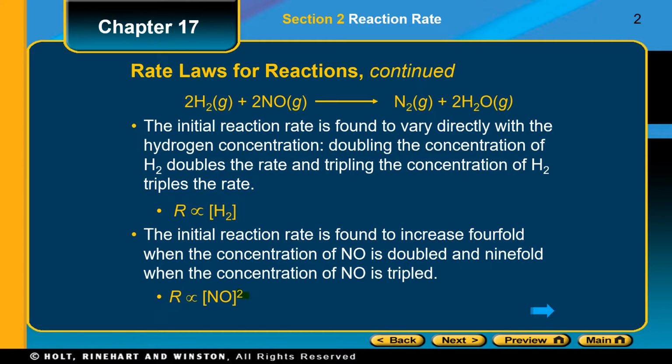If I put a 3 in place of the nitrogen monoxide, as it says right here, if I was tripling it, then the 3 is squared, and the rate is now 9 times what it was before. So by looking at the numbers, the rate is always whatever the concentration is squared.